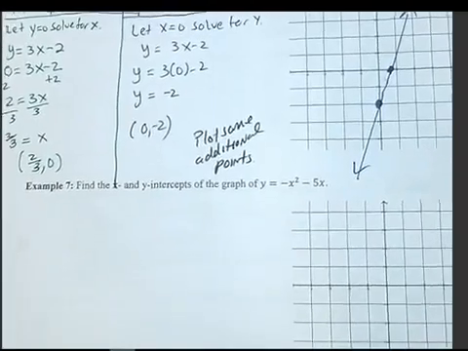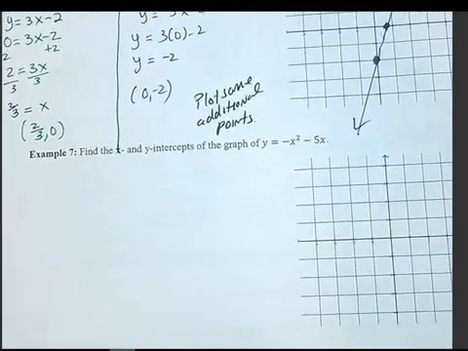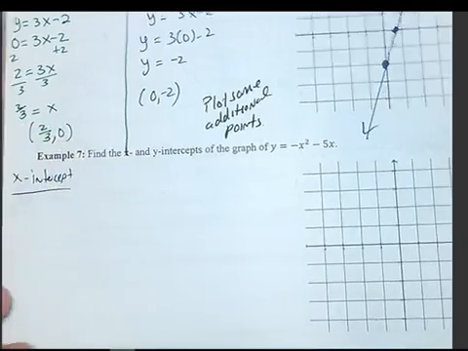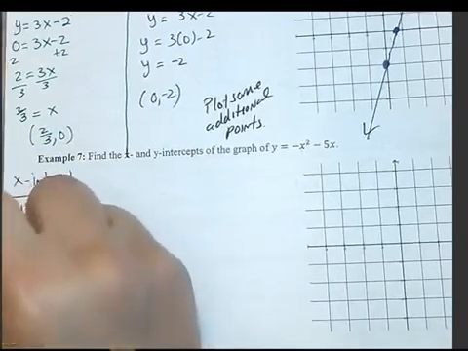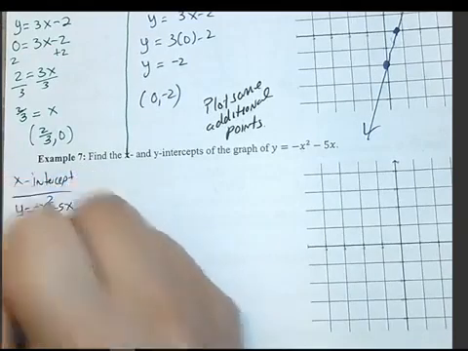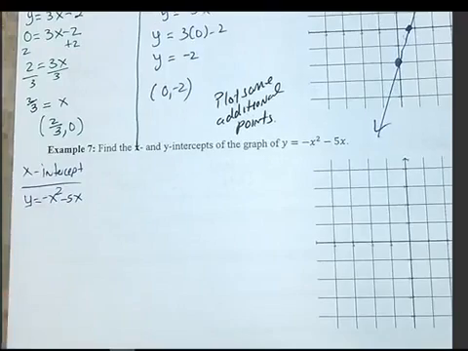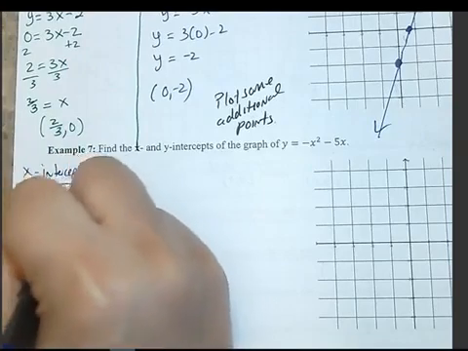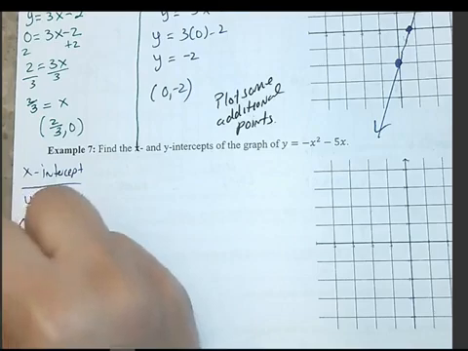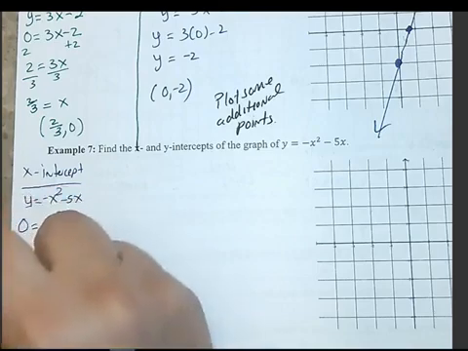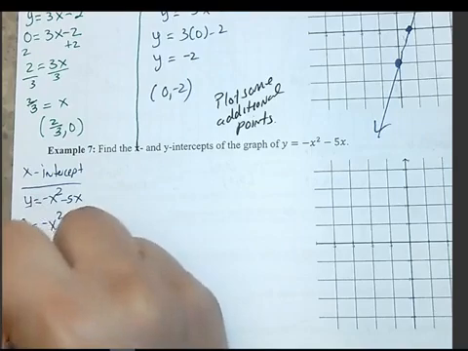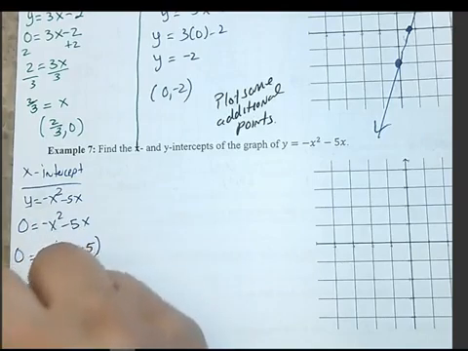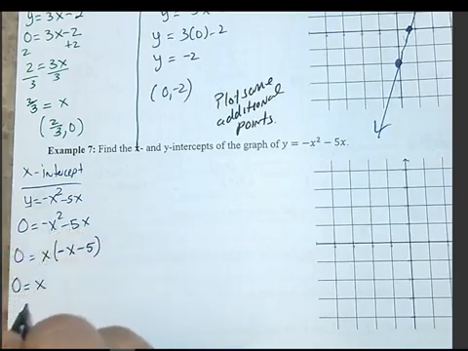Okay, so let's try example 7. We'll find the x-intercept first. So for the x-intercept, remember we're going to let y equal 0. So notice they have x's in common, so I can factor out an x. And I can use the zero product property.